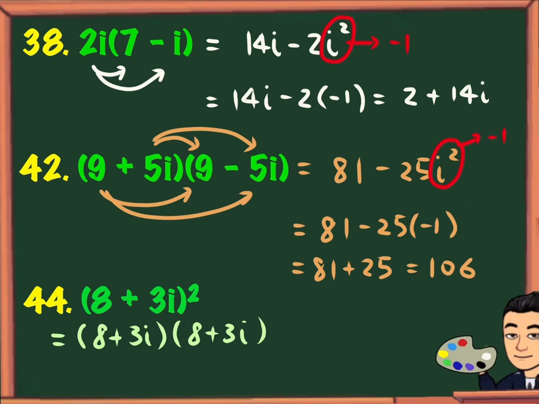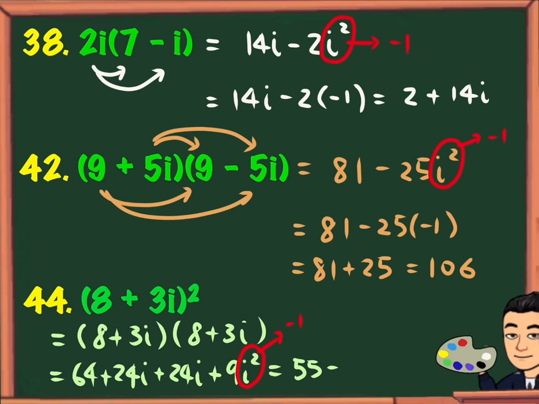So if you FOIL, this is going to give you 64 plus 24i plus 24i plus 9i squared. So we know that i squared turns into -1. So this is going to equal 55 plus 48i.